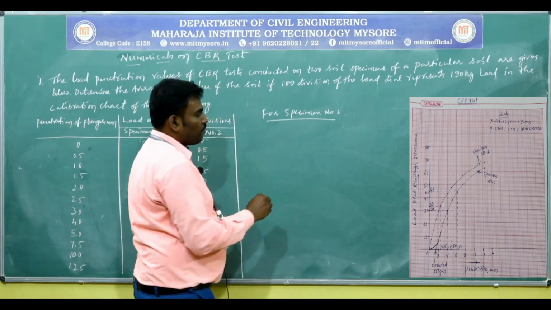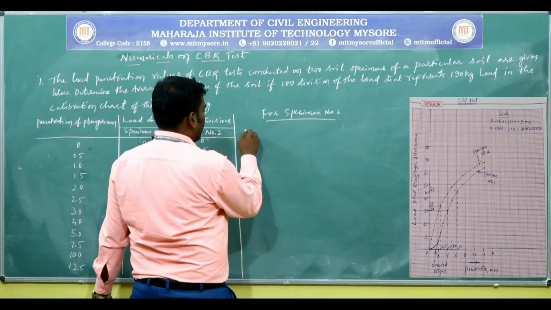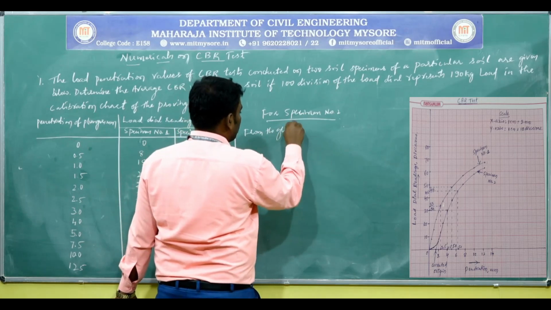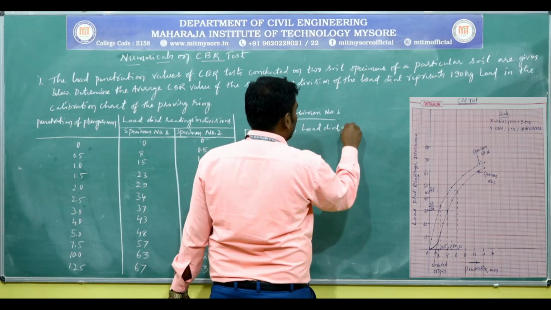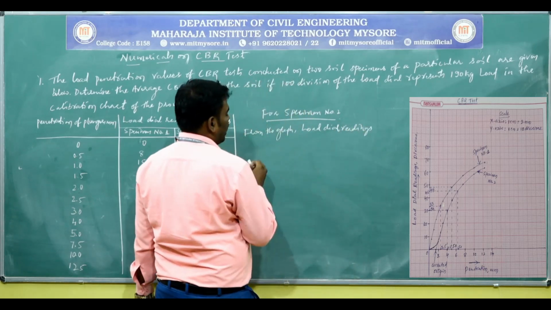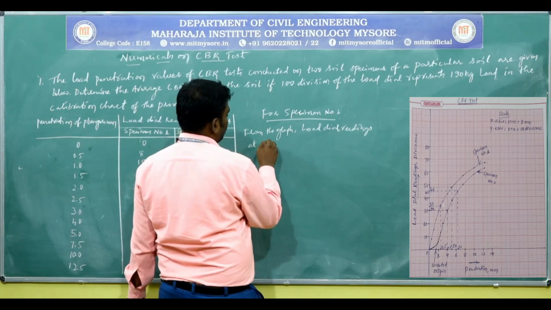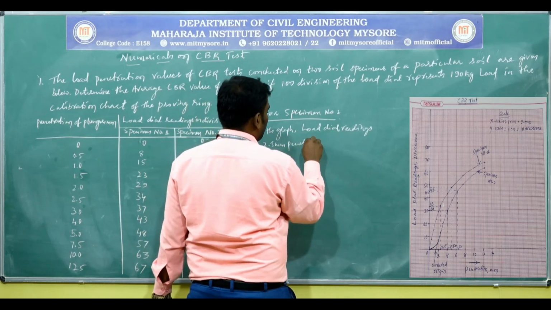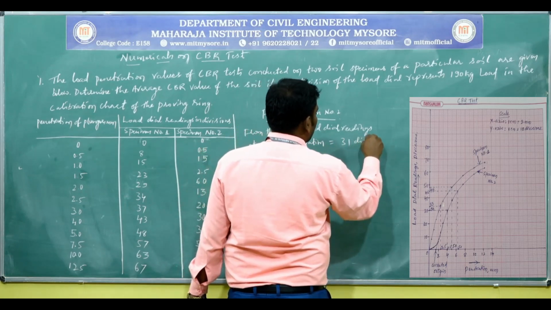Okay, after applying the correction, from the graph, load dial readings at 2.5 mm penetration is equal to 31 divisions.